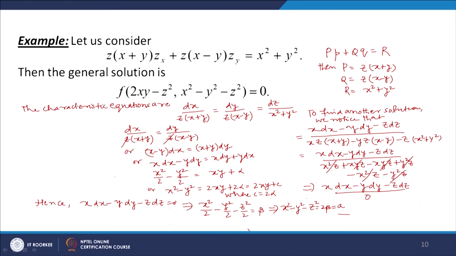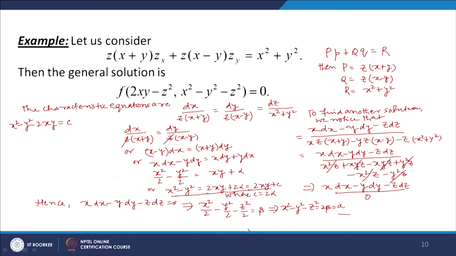So, x square minus y square minus z square is equal to a. The other solution we have got: x square minus y square equal to 2xy plus c. This solution I can also write as x square minus y square minus 2xy equal to c.